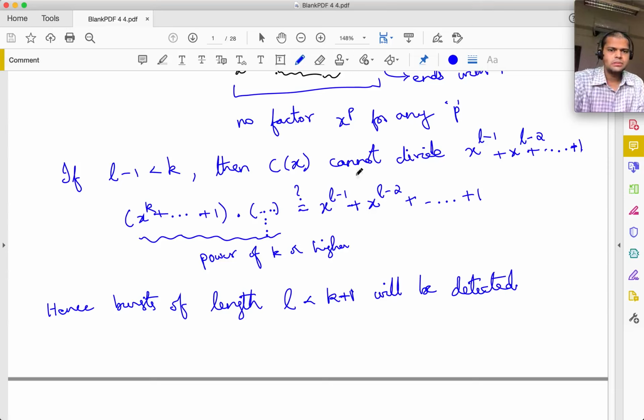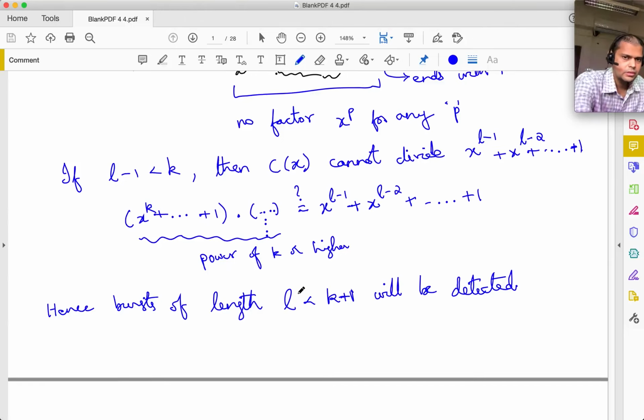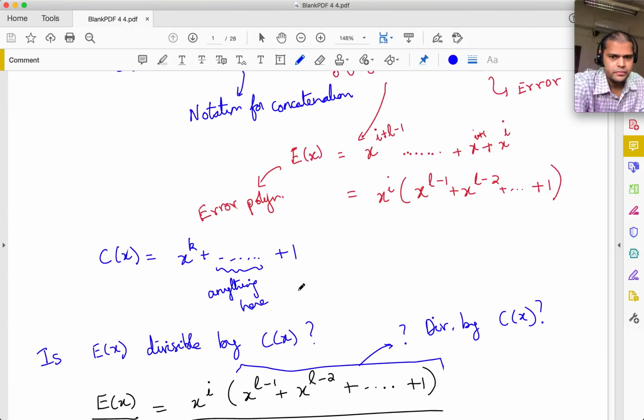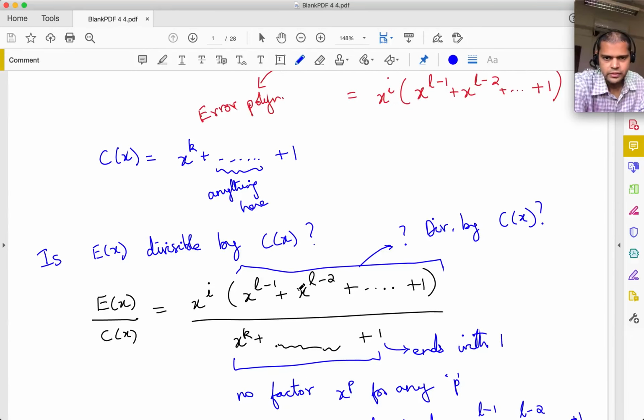So suppose the CRC 16 we were using, for example, and k was 16. That means bursts of length less than 17, that means bursts of length up to 16, will be detected by that CRC. Okay, so that's a good property to have, so that we can also deal with bursts of errors.